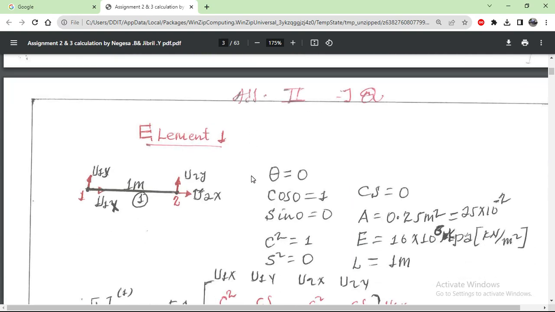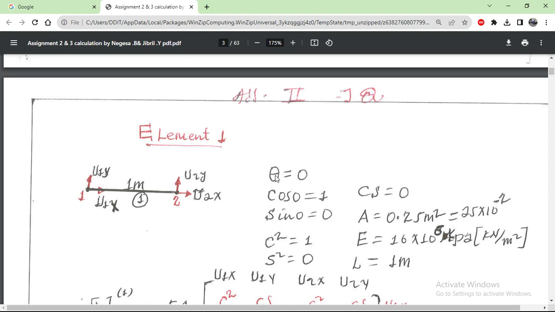The element number 1 is a straight line from node 1 to 2. The displacements here are u1y upward and u1x in the direction of the x axis. At point number 2, u2y upward and u2x. After that we calculate theta.